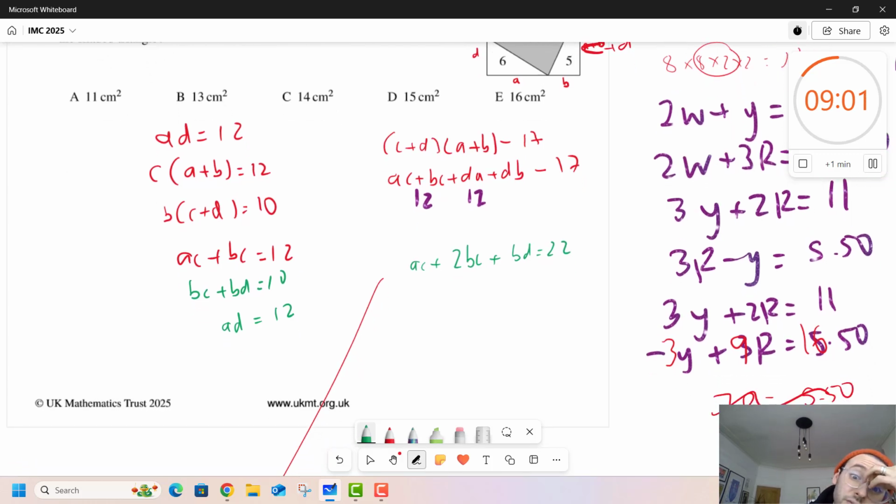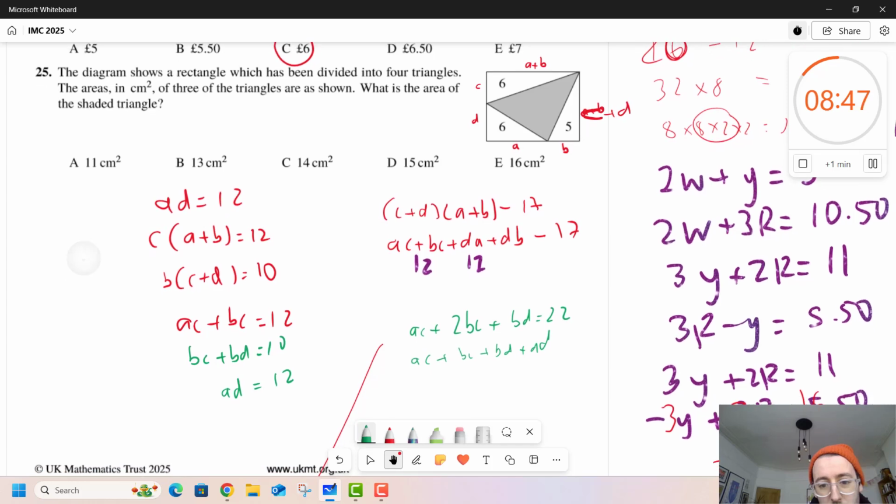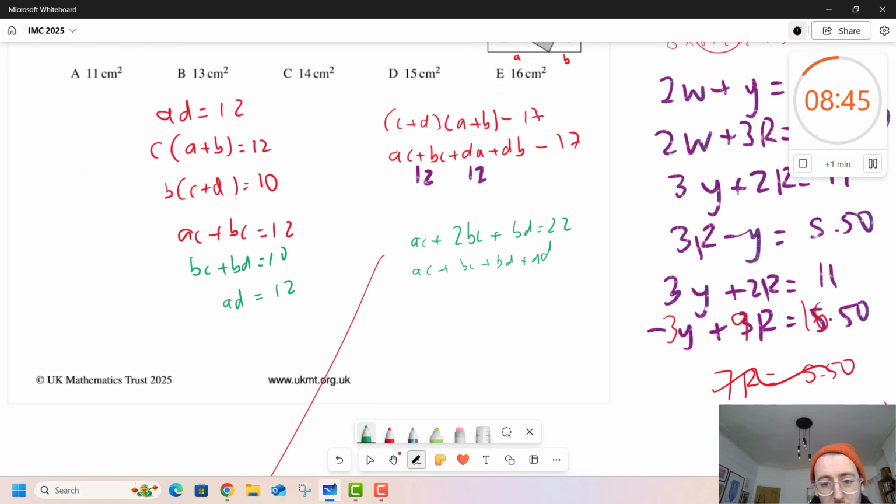So if that's true, we're looking for AC plus BC plus BD plus AD. So AC plus BC plus BD, that's 2BC.